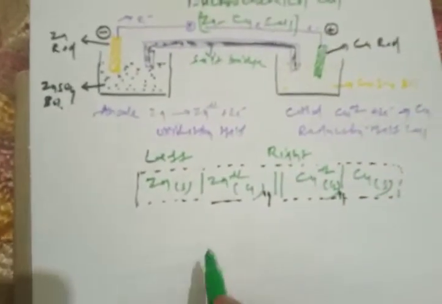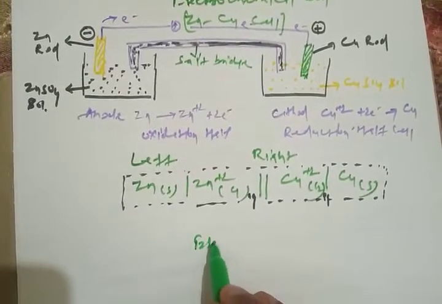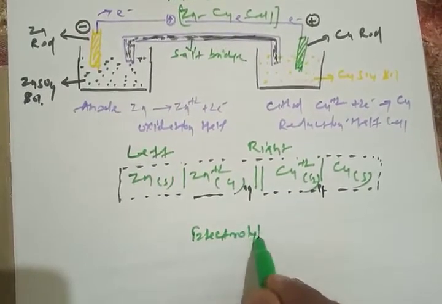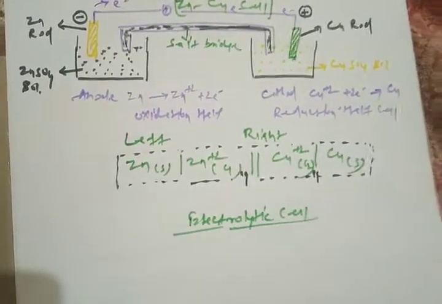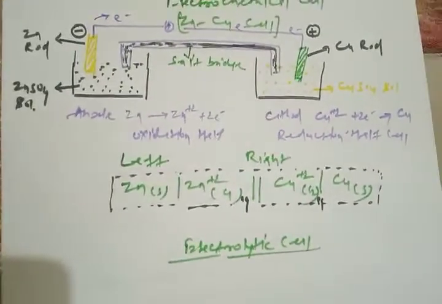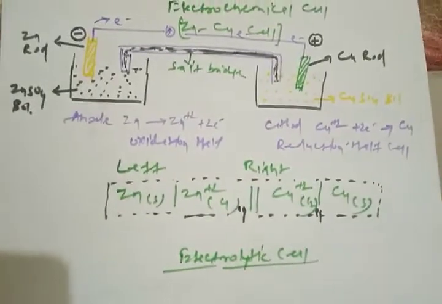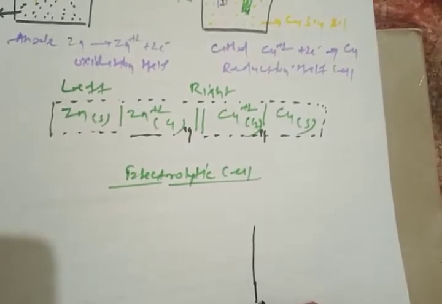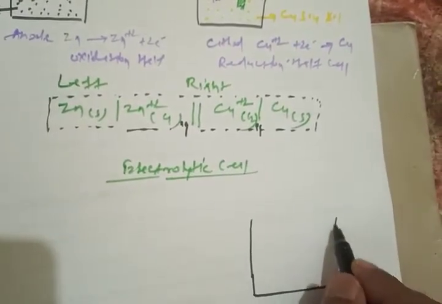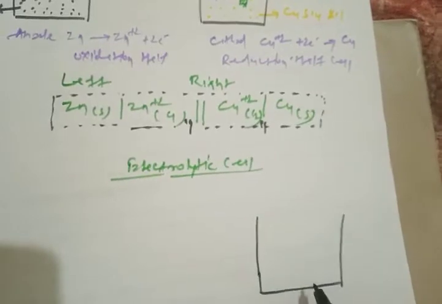Then we will talk about one more cell, the electrolytic cell. Here we require only one setup because there is no need for a salt bridge. Although there are two electrodes, they are in one setup only.